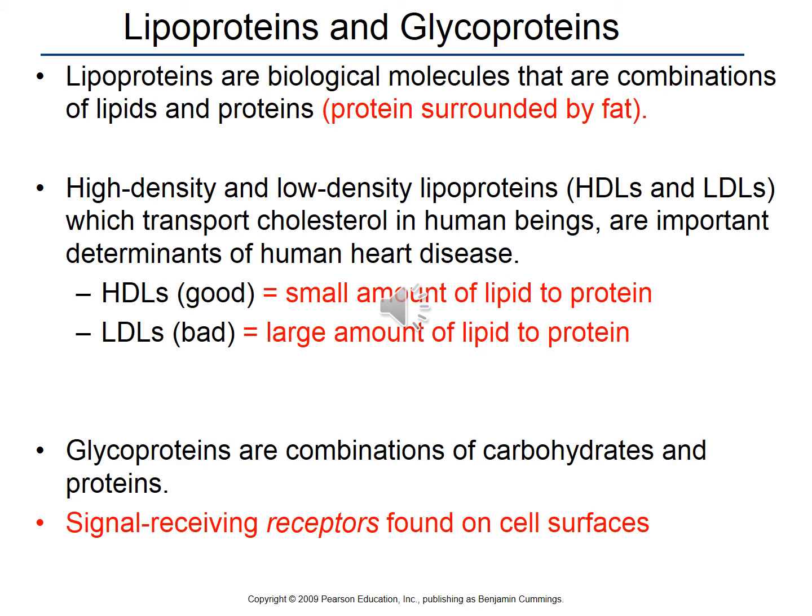Lipids are units that are hydrophobic. Glycos are carbohydrates. Okay, so if we look at lipoproteins, lipoproteins are biological molecules that are combinations of those lipids, the lipids that are hydrophobic, and proteins.